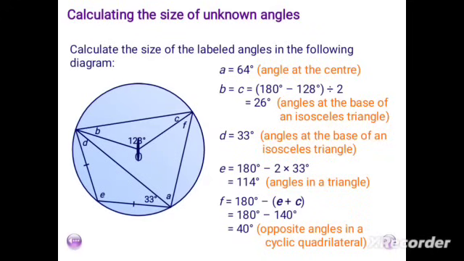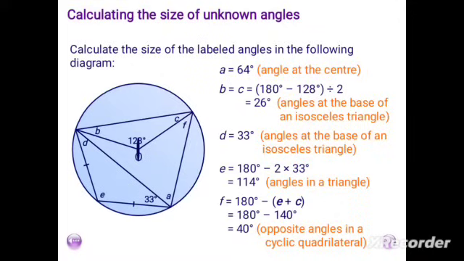Let's find the last angle remaining, the angle F. And this is where we apply the concept of cyclic quadrilateral. We have that opposite angles in a cyclic quadrilateral add up to 180 degrees.